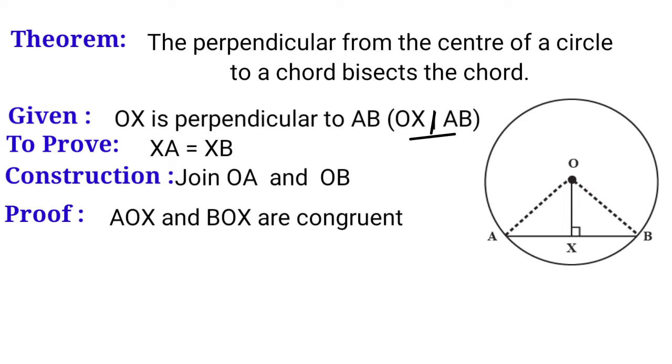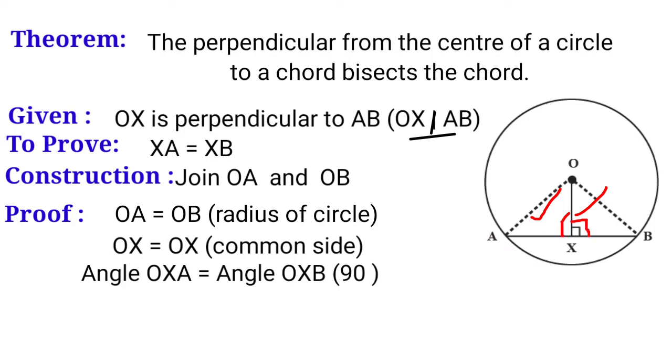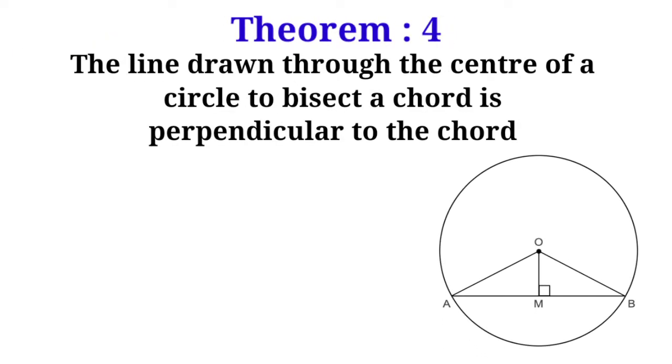So in right angle triangles OXA and OXB, we have OA is equal to OB, radius of the circle, OX is equal to OX, that is a common side, and angle OXA and angle OXB are equal to 90 degrees. Then by RHS congruency, the given triangles are congruent, hence XA is equal to XB. Next, the next theorem is again the converse of this theorem, children.